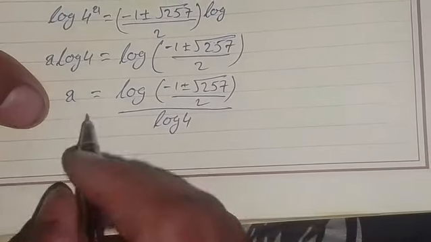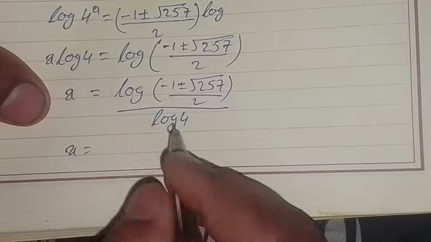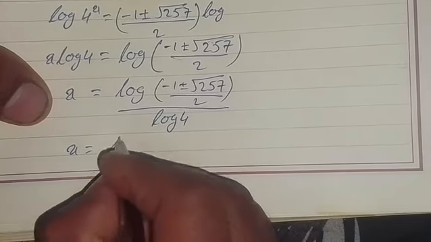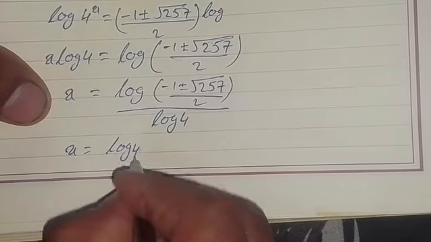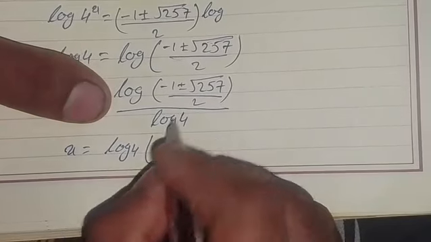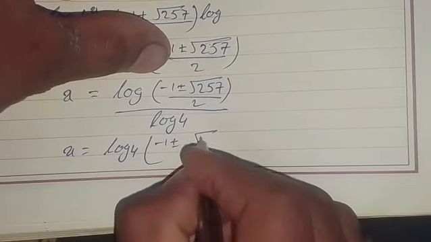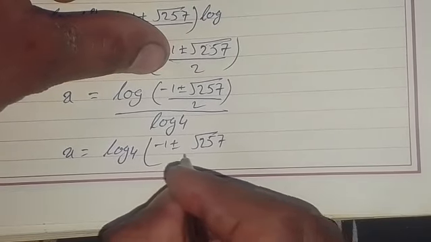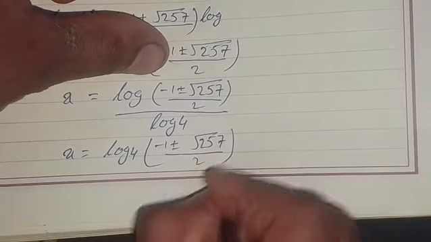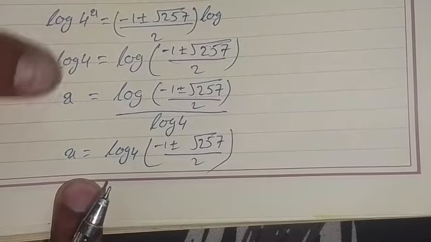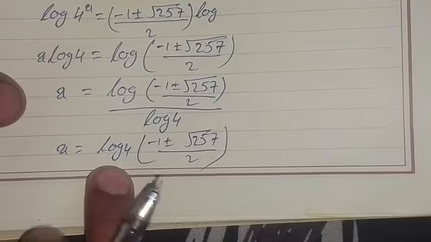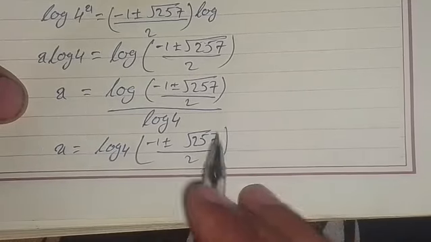So the value of a is equal to log((-1 ± √257) / 2) divided by log 4.